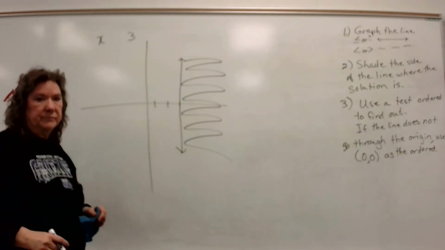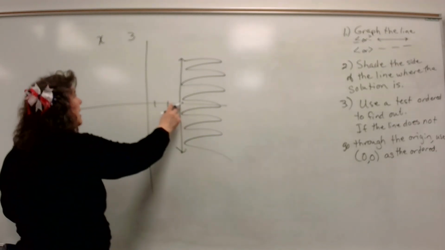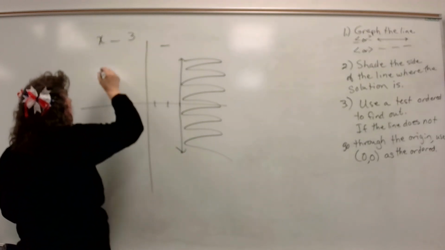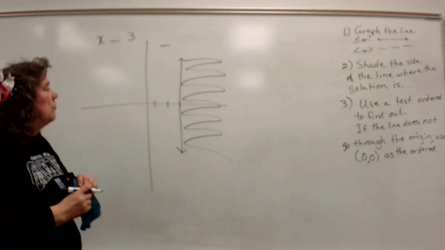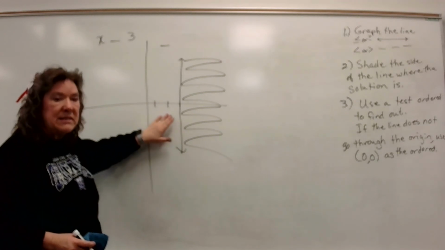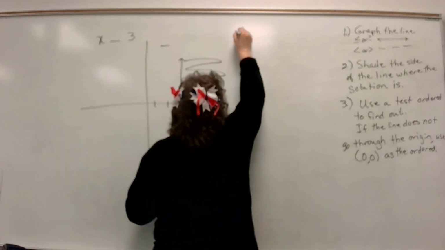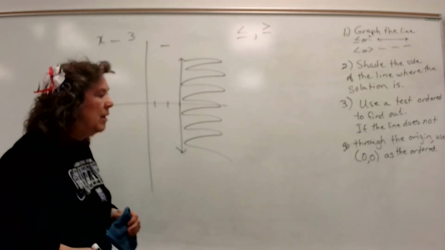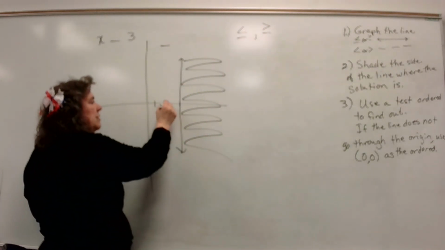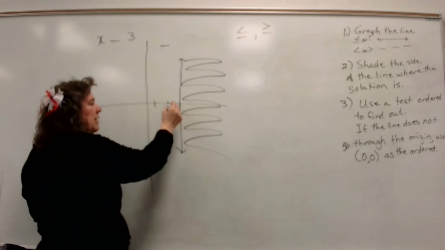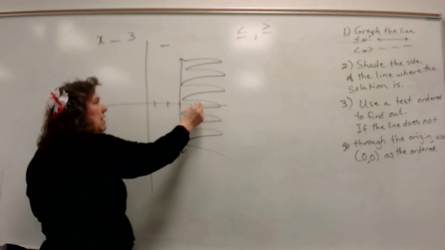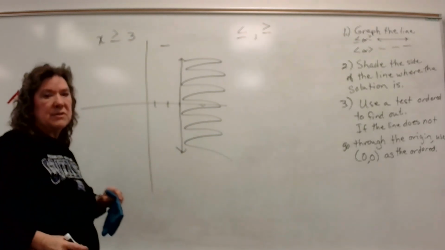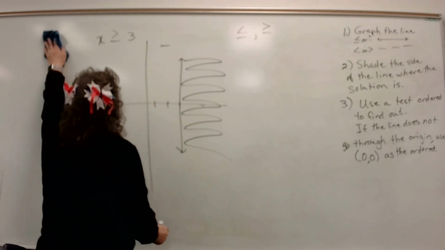What's happening here? Well, it's a solid line, so we know it's going to have equal, right? But is it going to be greater than or equal or less than or equal? In other words, which one of these symbols are we going to choose? Well, here's 2. 2 is less than 3. But I'm on the other side of my line, so it can't be less than, it has to be greater than. So x is greater than or equal to 3.